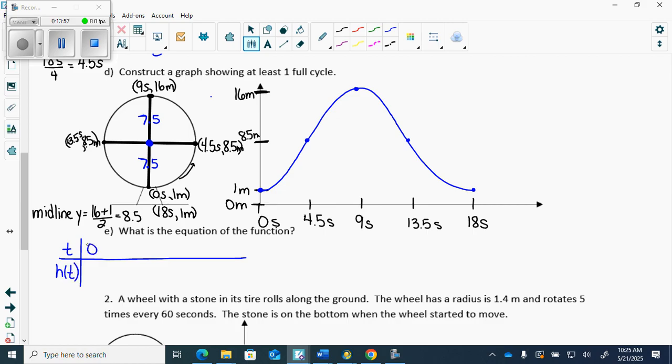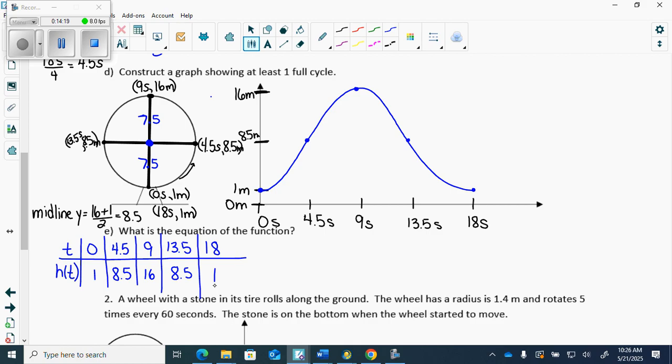I have 0 and 1. I have 4.5 and 8.5. I have 9 and 16. I have 13.5 and 8.5. And then I have 18 and 1.